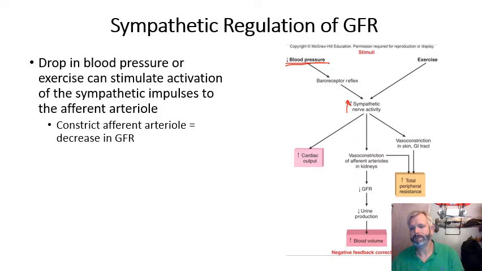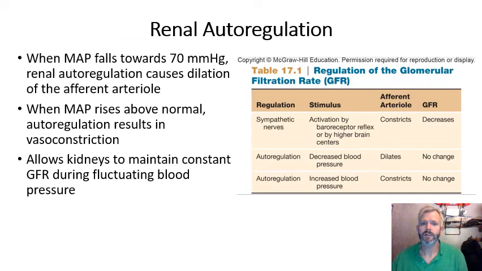So that is how we can regulate via the sympathetic. The sympathetic activation is going to cause vasoconstriction of the arterioles. Renal autoregulation: we try to keep the regulation with changing blood pressures, going too high, going lower.